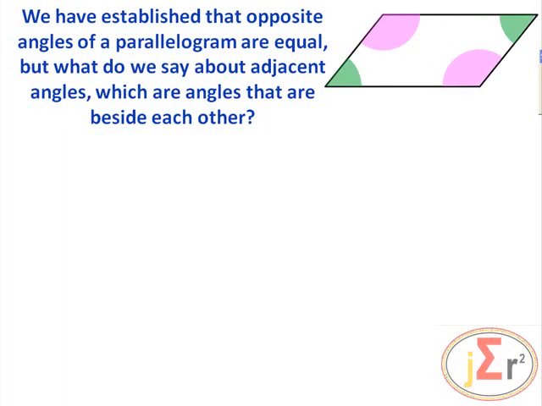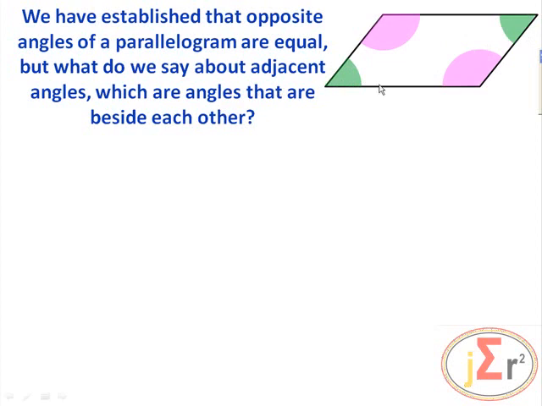We have established that opposite angles of a parallelogram are equal. But what do we say about adjacent angles, which are angles that are beside each other? When the angles are on the other side, all the way over there, we say that those angles are opposite.